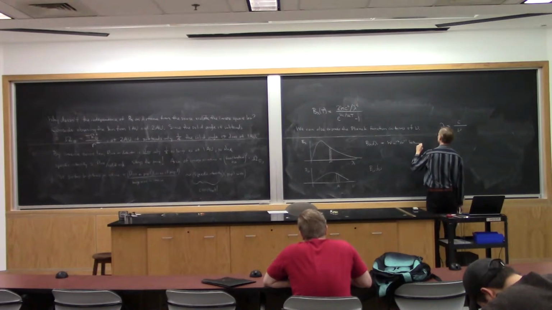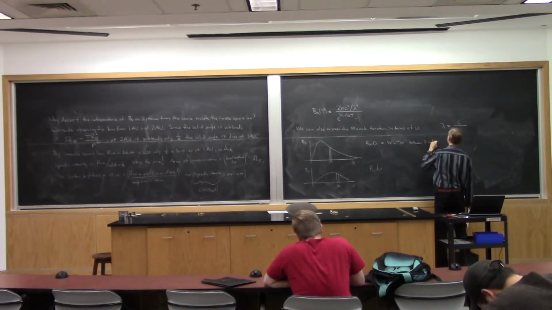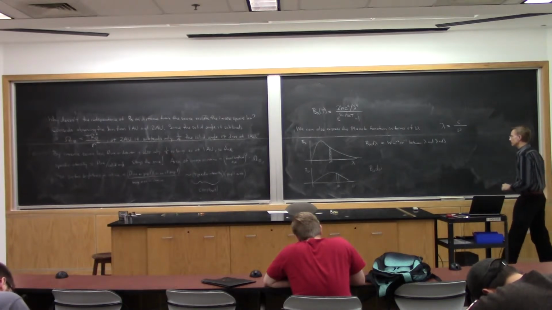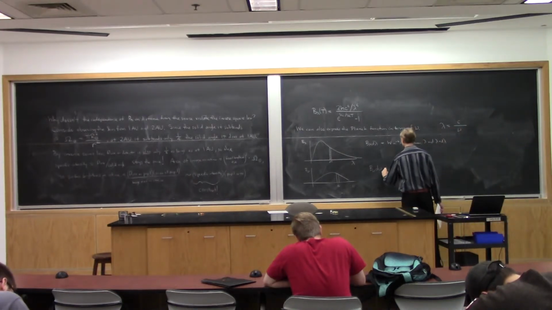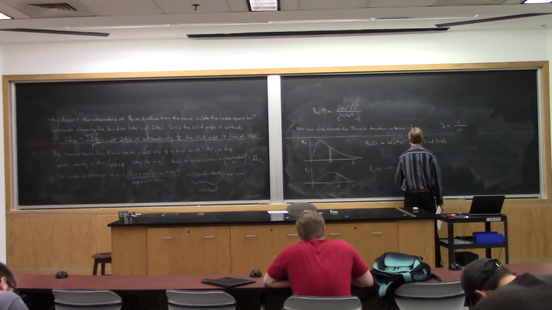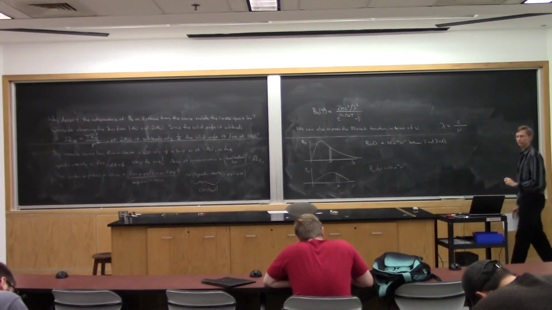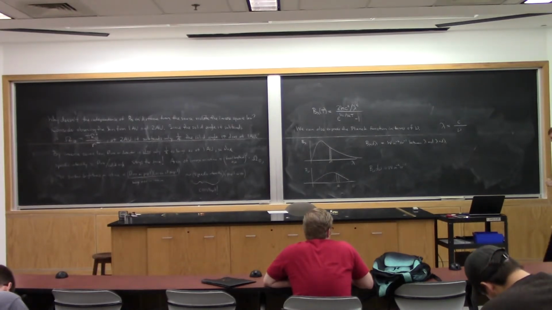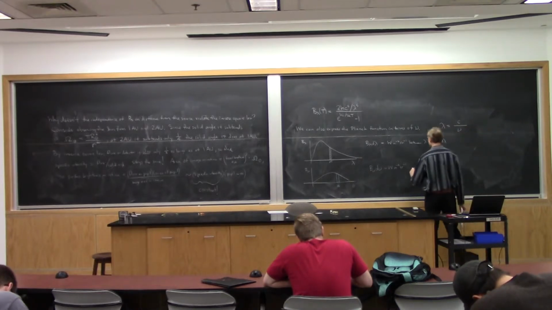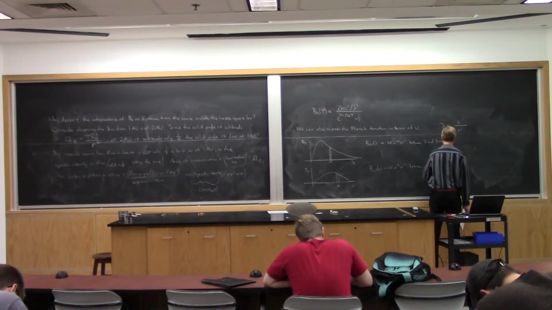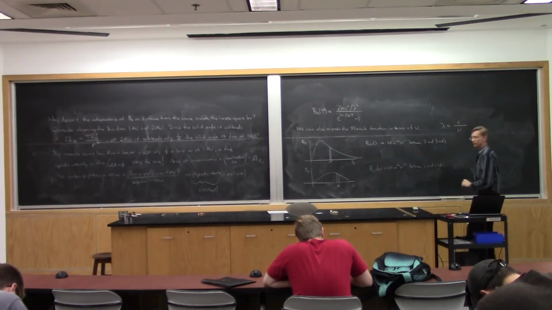And here I should decorate between lambda and lambda plus d lambda. So B nu d nu should be watts per square meter per steradian between what and what? Between nu and nu plus d nu.